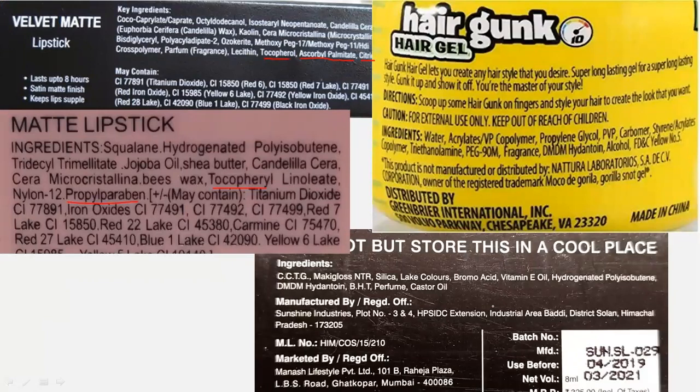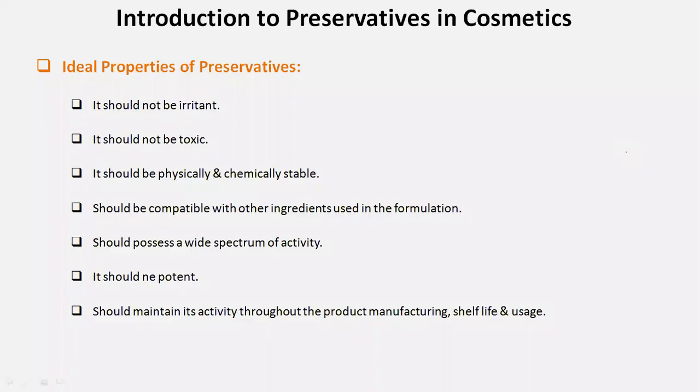Now coming to another brand, here we can see DMDM hydantoin, one of the commonly used preservatives in cosmetic products. And if you see here also same DMDM hydantoin has been used, and there is alcohol also. So these are all the commonly used preservatives in cosmetic products.